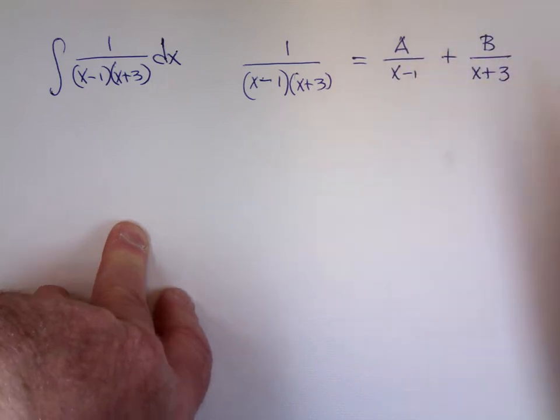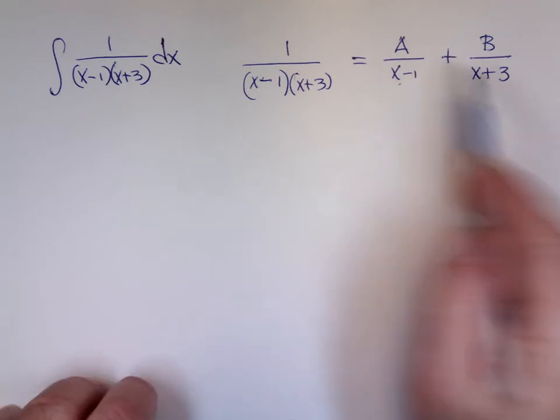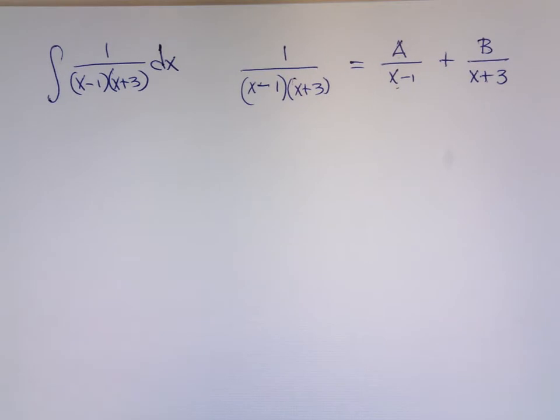Okay? Now, there are two ways to get the a and the b, the two constants here. There is a long way, which I'm going to show you again. We did it last week as well. And then I'm going to show you the super fast way.